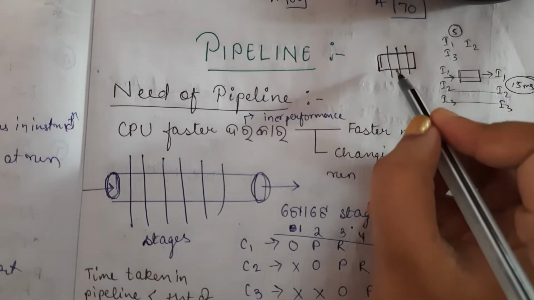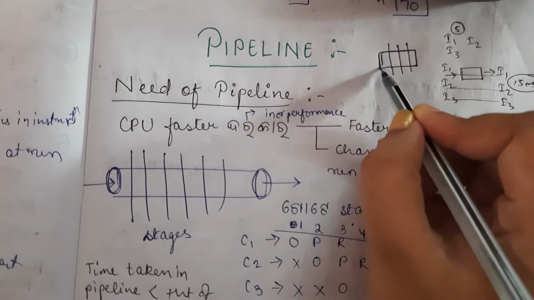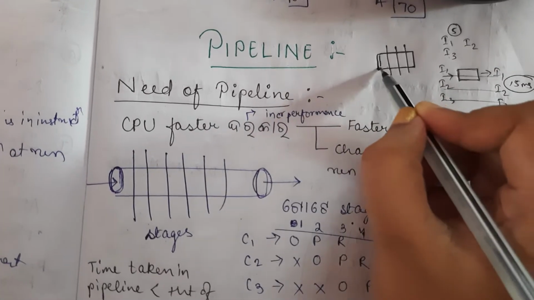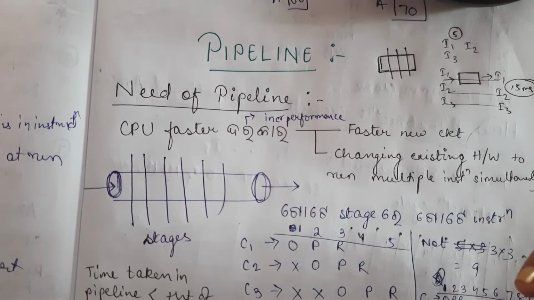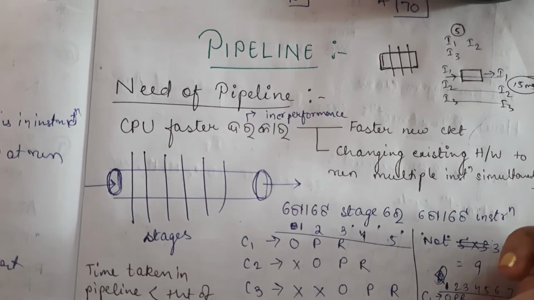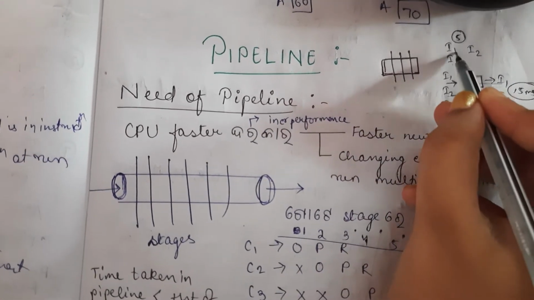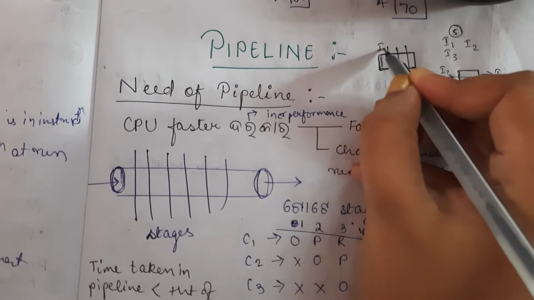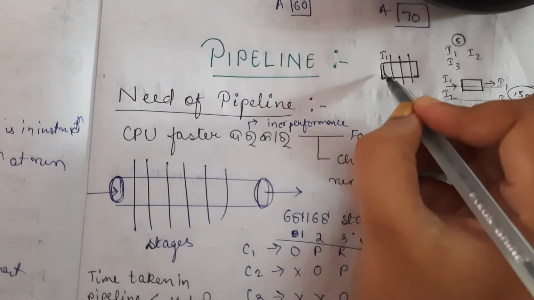But if we use a pipelined architecture, that is, we have different stages, the whole work is divided into, suppose, n or 4 different stages. Then in stage 1, I1 will be there.